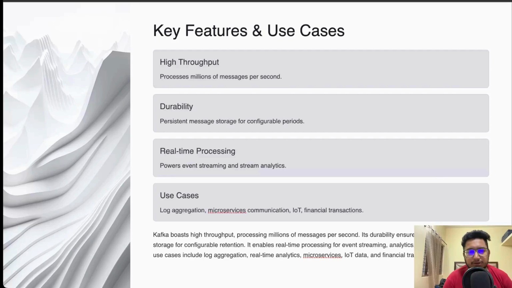In IoT devices, a lot of data is produced per second by sensors, so there you can also have Kafka in place. In financial transactions, like applications such as PhonePe and Paytm, there are a lot of transactions per second. We have to manage that, so we can use Kafka again.